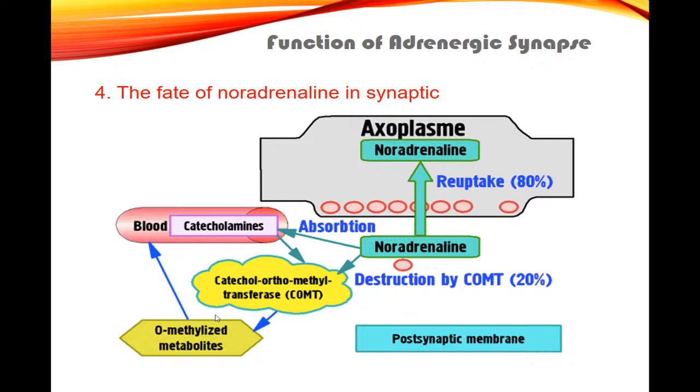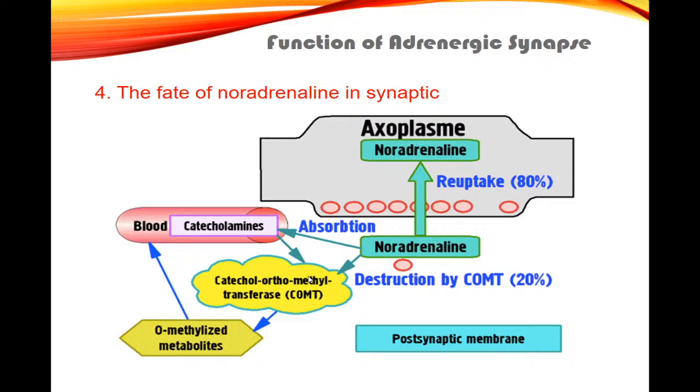So what is the fate of noradrenaline? It is released, interacts with postsynaptic receptors. In the synaptic slit there is one more enzyme, COMT, catechol-O-methyltransferase, participating in metabolism of noradrenaline.